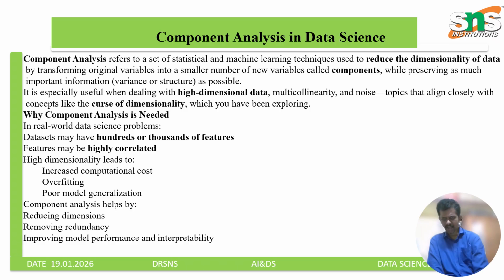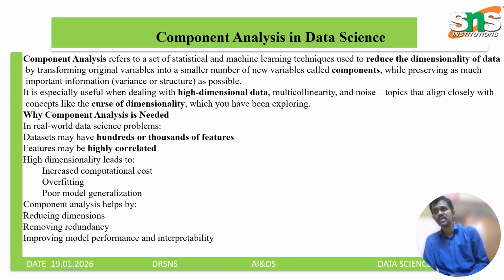Here, we already have a set of information where we can transform the original variables into a smaller number of new variables. This concept is called components, which can preserve much of the important information, wherever variance is possible. Next, it is especially useful when we are dealing with high dimensional data.